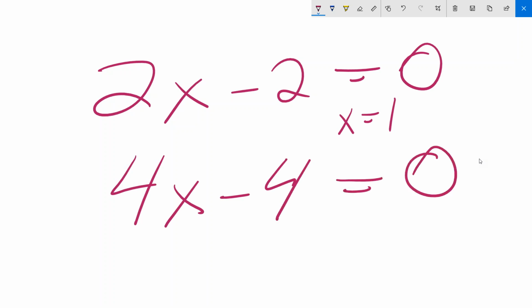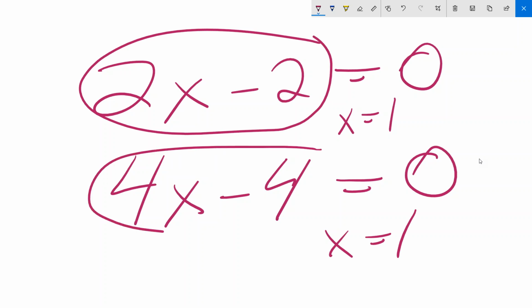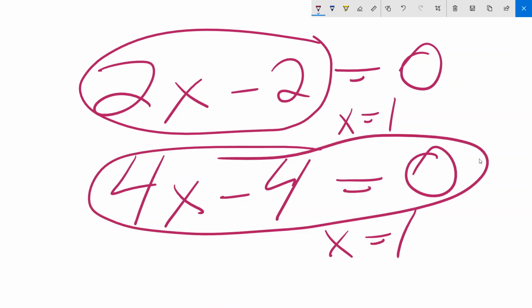It has the same solution, x equal 1. So 2 equations that have the same solution set. Those equations are identical. Yeah, I was going to say equal, but that's not the word they're looking for.